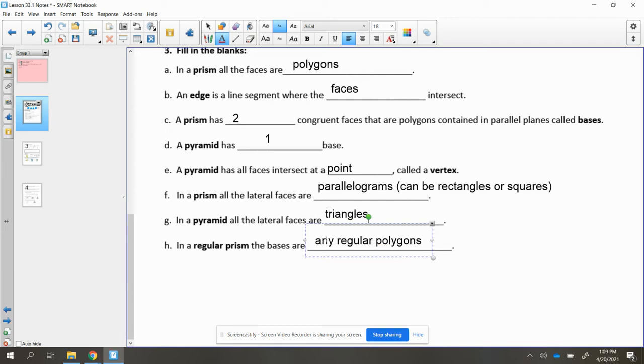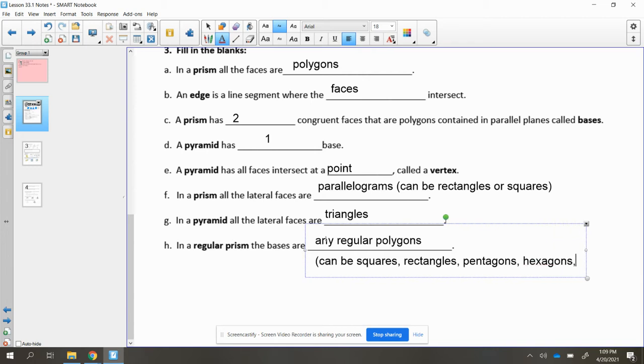So this is going to really vary. They can be squares, rectangles, you might see pentagons like up above, hexagons, octagons, you get the idea.